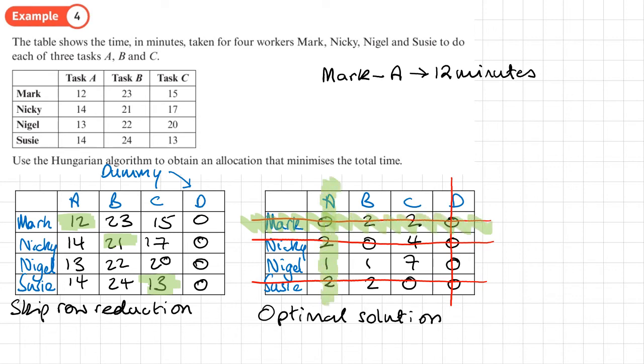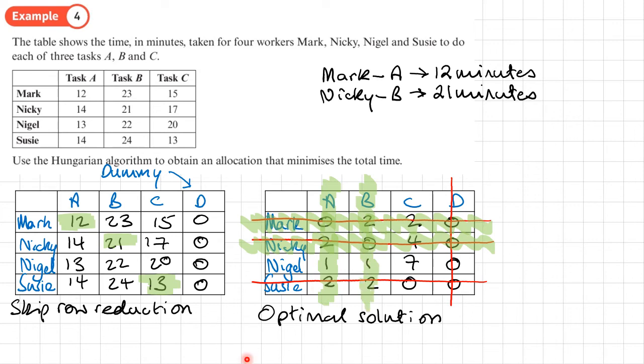If I look at the second column here, single 0 here, so Nikki must be allocated to task B. So Nikki, task B, and that's going to be at a cost of 21 minutes. So we'll get rid of Nikki and task B.